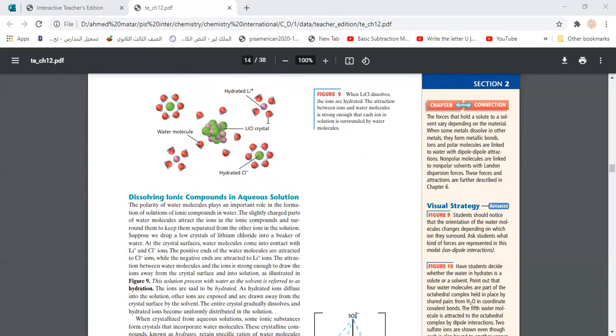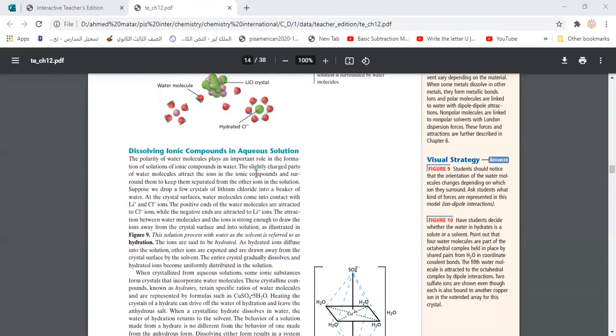Each ion will be surrounded by water molecules, which prevent these ions from rebonding. So it stays suspended, uniformly distributed between the water particles. In that case, we call the substance dissolved. So that's the idea that happens here.